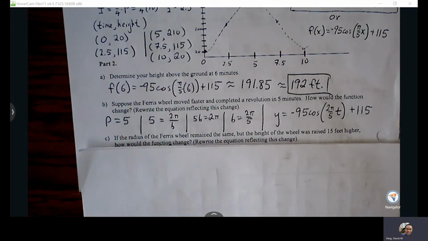Okay, part C. If the radius of the Ferris wheel remains the same, but the height of the wheel was raised 15 feet higher. So instead of entering the ride at 20 feet above ground, let's say we're entering the height 15 feet higher than that. How will that change our function?